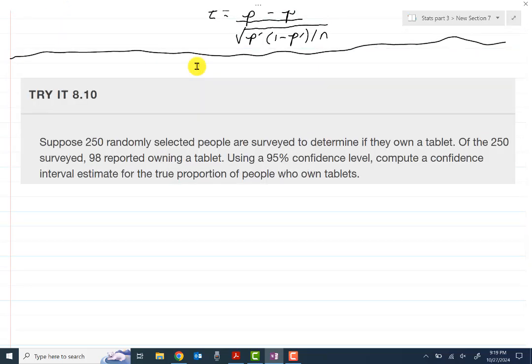All right, here we have this guy right here is going to be our n. This 98 here is going to be our x, because if you own a tablet, that is considered success, since we are doing the study on people who own tablets. The confidence interval is 95%.